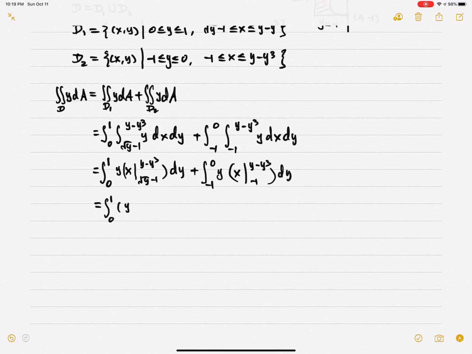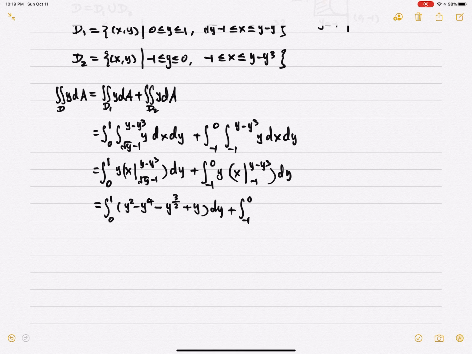It's y squared minus y to the fourth minus y times the square root of y, which is y to the 3/2, minus positive 1 times y, which is y, dy, plus -1 to 0.